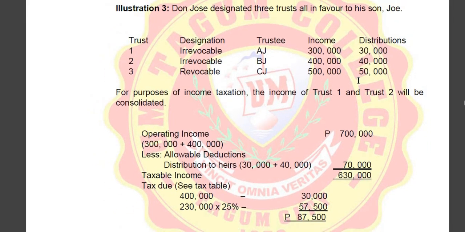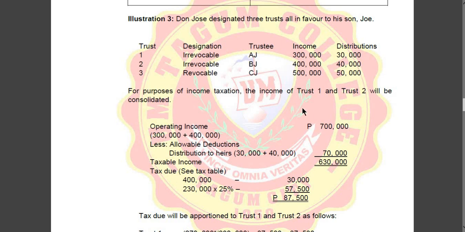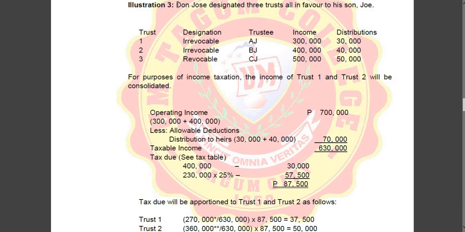So for purposes of income taxation, the income of Trust 1 and Trust 2 will be consolidated, because there is the same grantor and the same beneficiary.